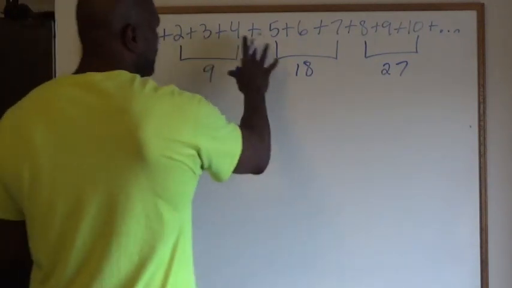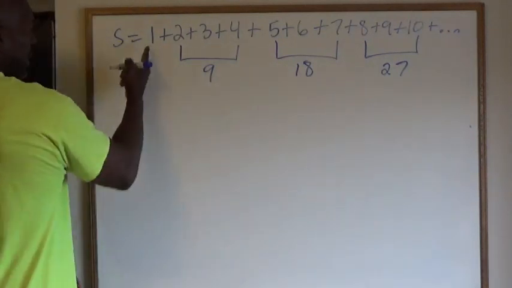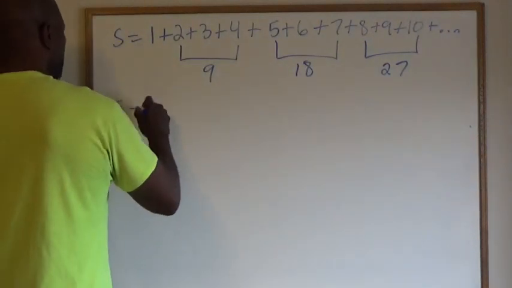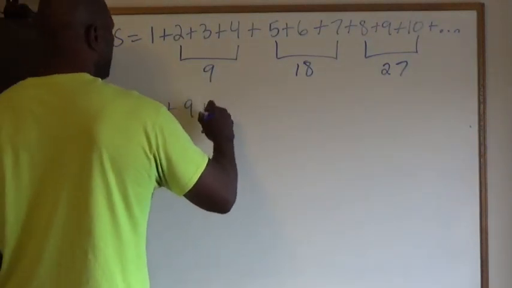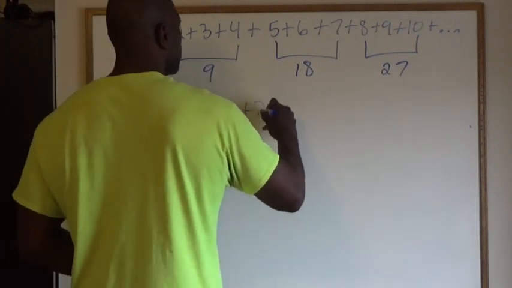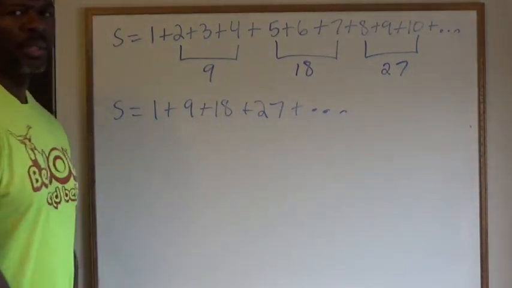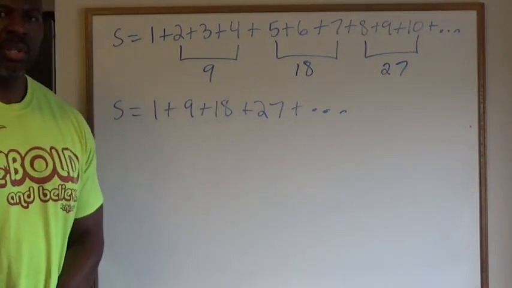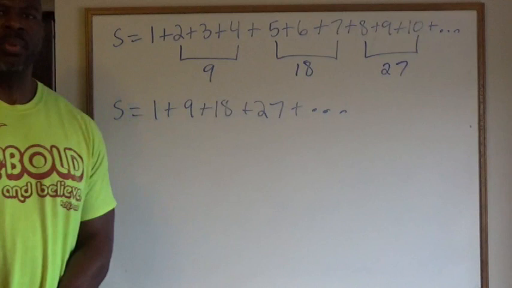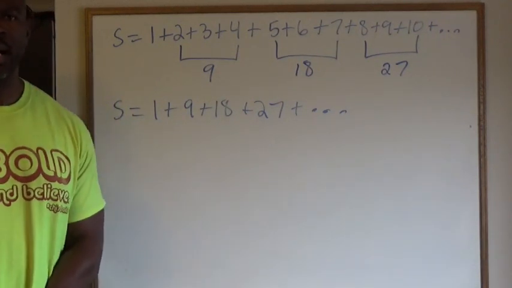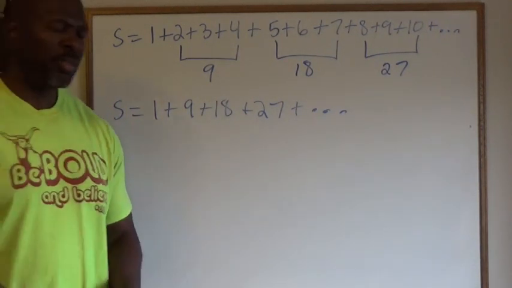And again, this is the sum we call S. And again, I didn't use this 1. So what you can see is S is 1 plus 9 plus 18 plus 27 and so on. What you should notice about the numbers following 1 is they're all divisible by 9. So why not factor out a 9?